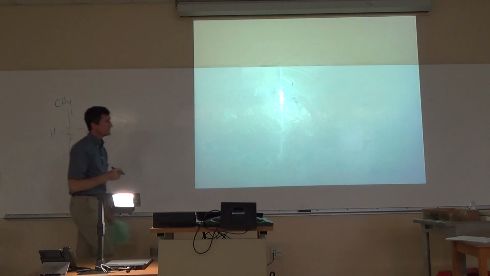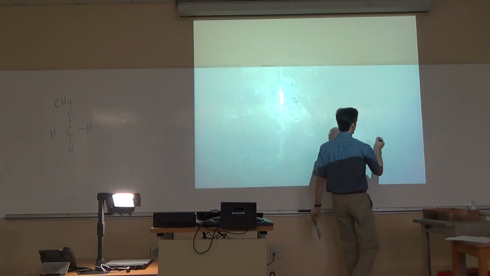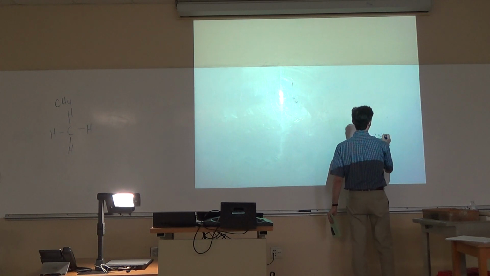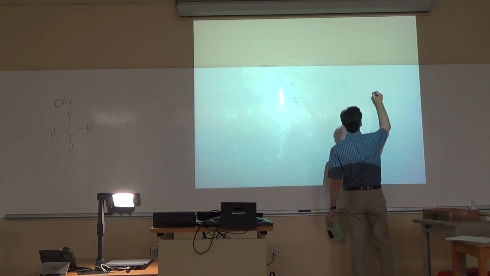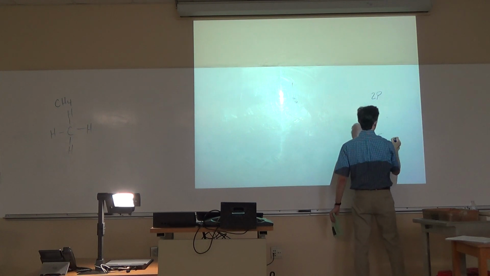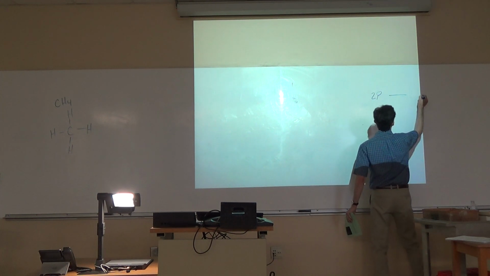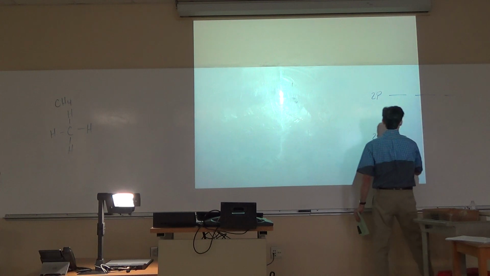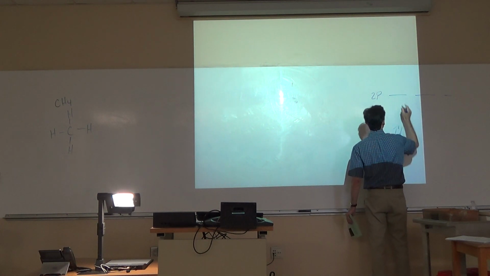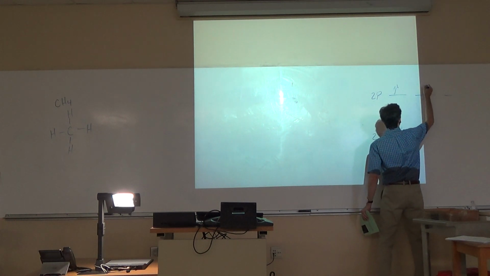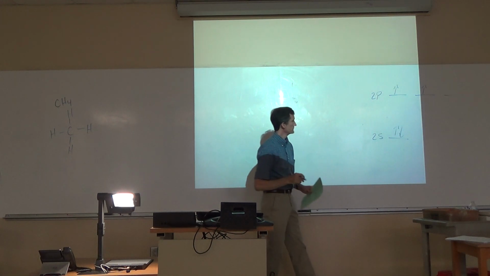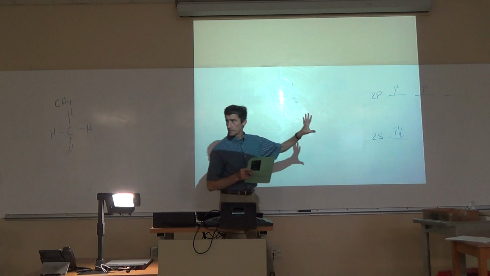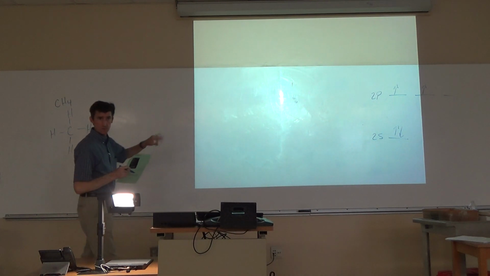Let's look at the ground state configuration again. Valence: we've got 2s for carbon, and then 2p. I'm going to draw this higher up here. 2s is here, and then we have 2p. Valence shell of carbon, 4 valence electrons.